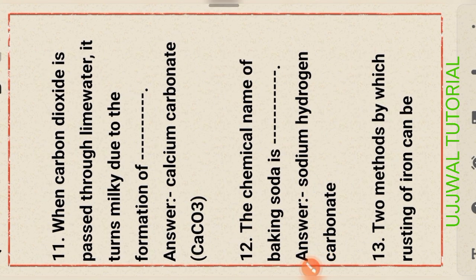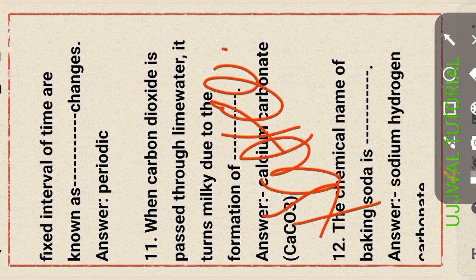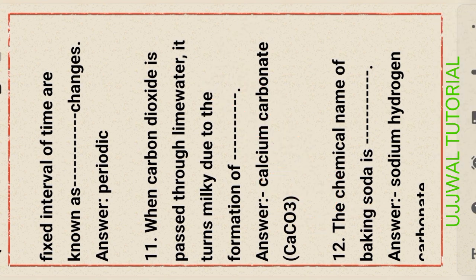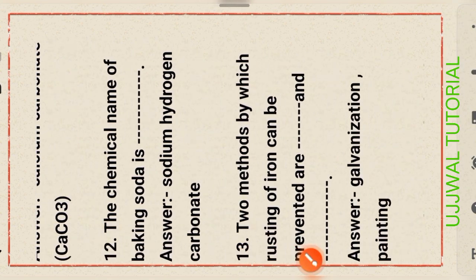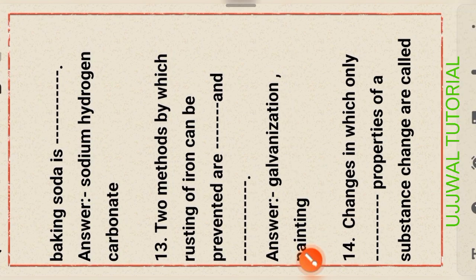The chemical name of baking soda is sodium hydrogen carbonate, NaHCO3. Next question number 13. Two methods by which rusting of iron can be prevented are galvanization and painting.